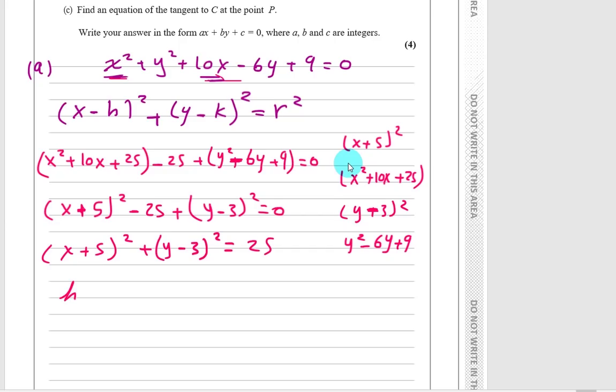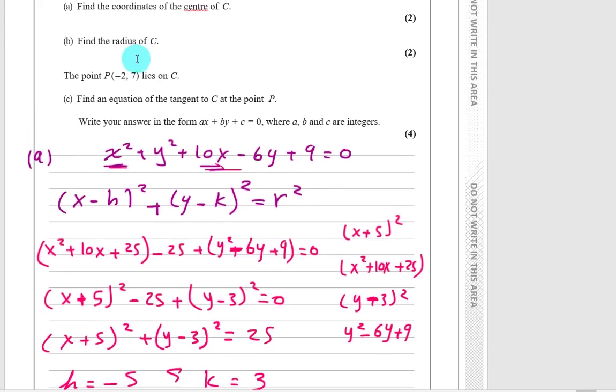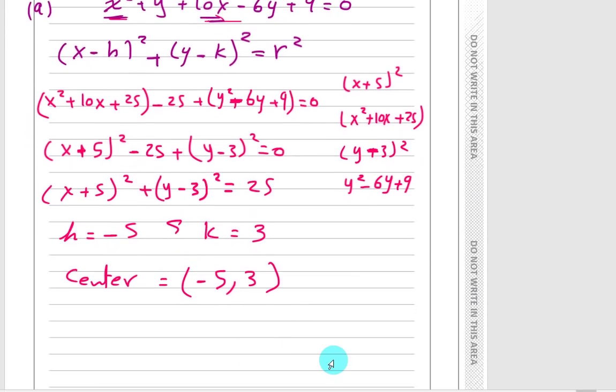So now h is equal to minus 5 and k is equal to 3. So the center is minus 5 and 3. This is the center of the circle. Find the radius of the circle.